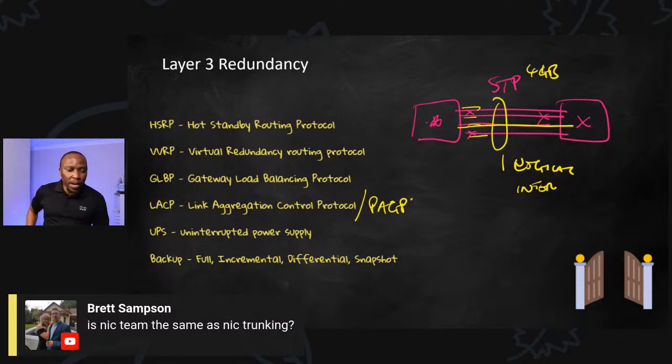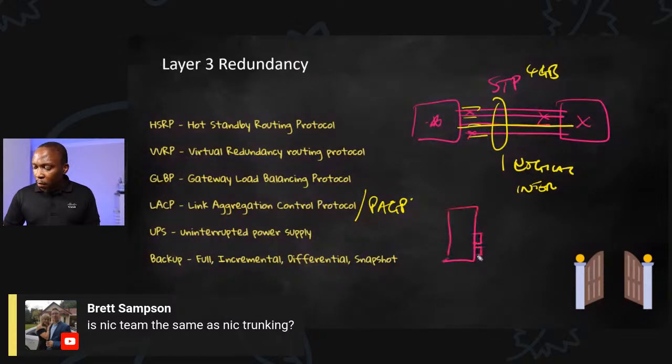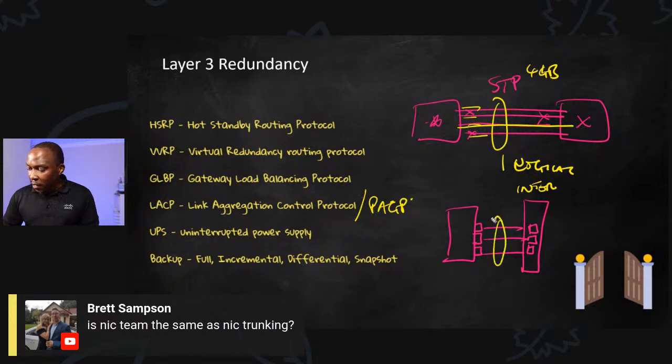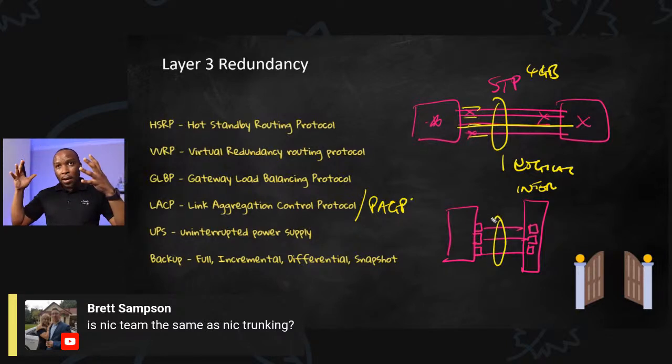Okay, from what I'm gathering, NIC trunking and NIC teaming seem to be one and the same thing, Brett. The objective that we're trying to achieve in either of these two scenarios is that we have a server with multiple network interface cards, and we connect these to multiple ports on a switch, and then we bundle them to appear as one network interface card to the outside world.